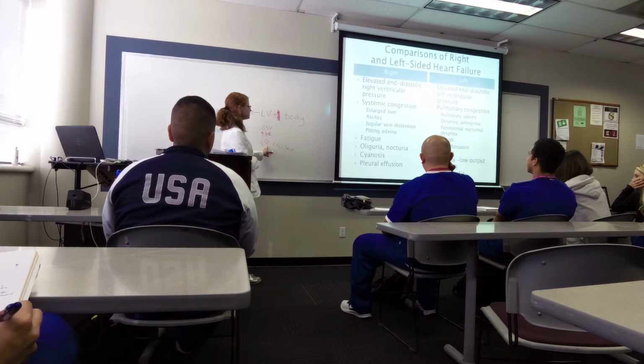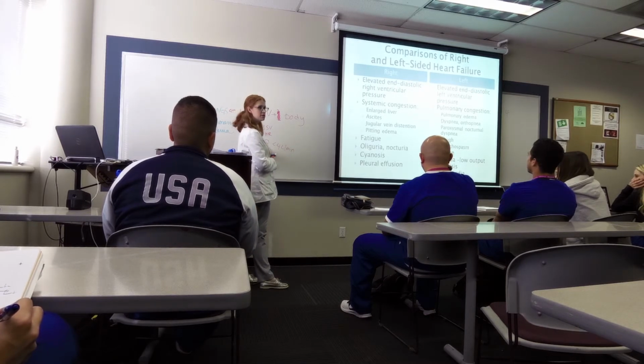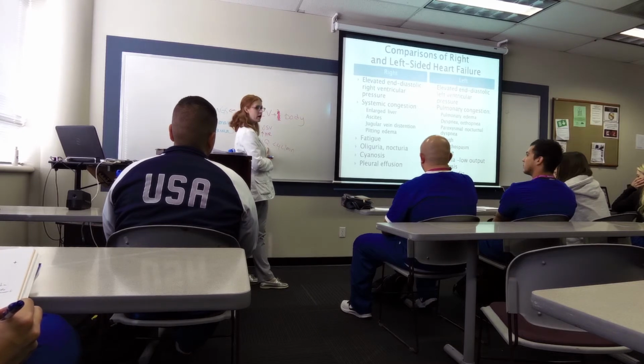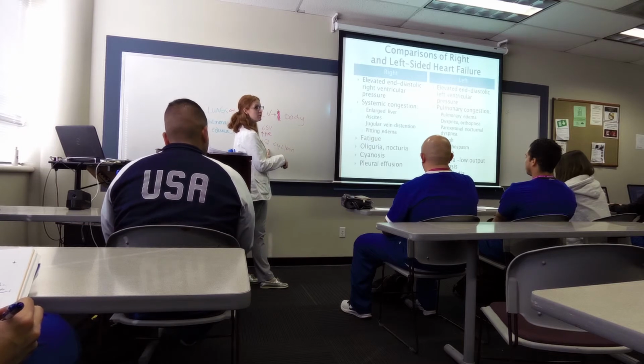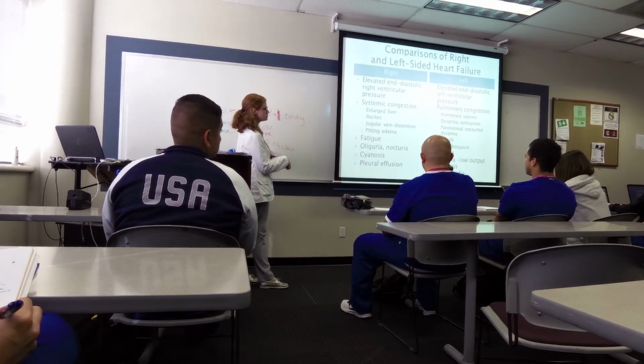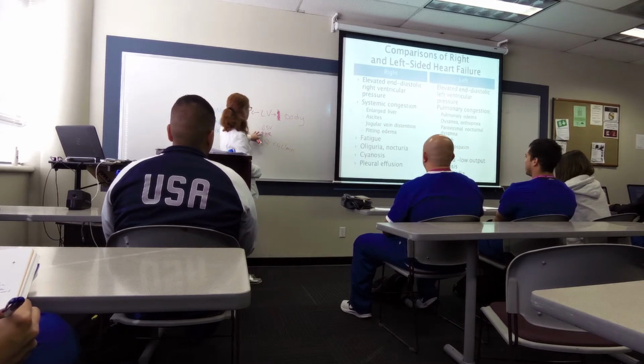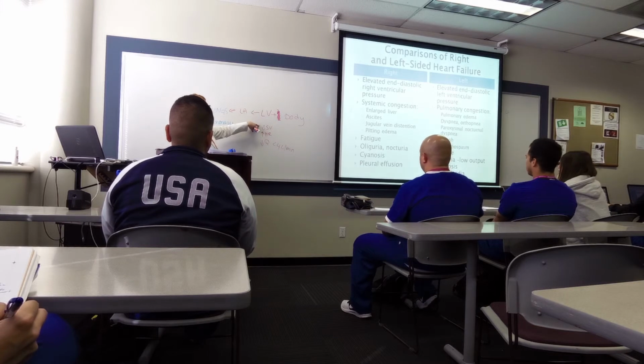But we also know that there wasn't much blood getting out to the body. So what are signs and symptoms of a low cardiac output? Fatigue, muscle weakness, cyanosis, and remember tachycardia because the heart rate increased to try to compensate for the decrease in stroke volume.